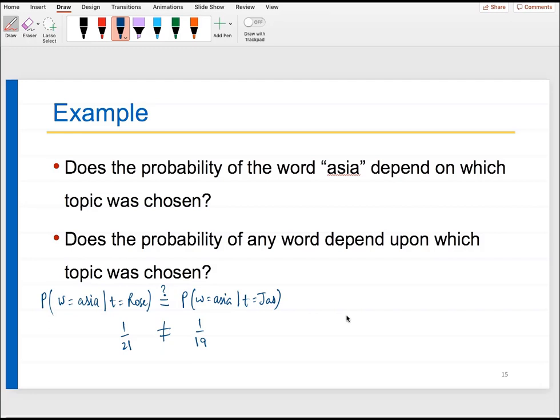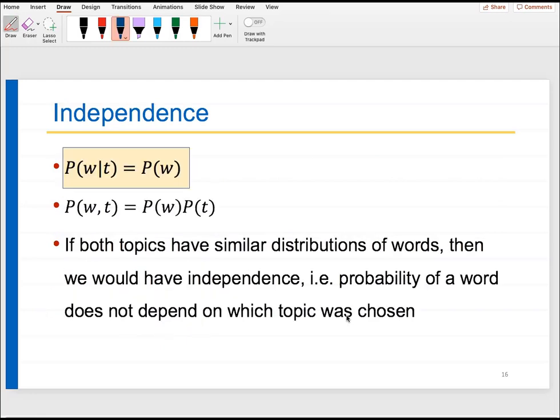This dependence or independence can be mathematically formulated. Probability of W given the topic: my W depends on which topic it comes from. If it does not depend on which topic it comes from, this means it is independent of T, which means it does not matter whether it comes from Rose or Jasmine, the probability is the same.